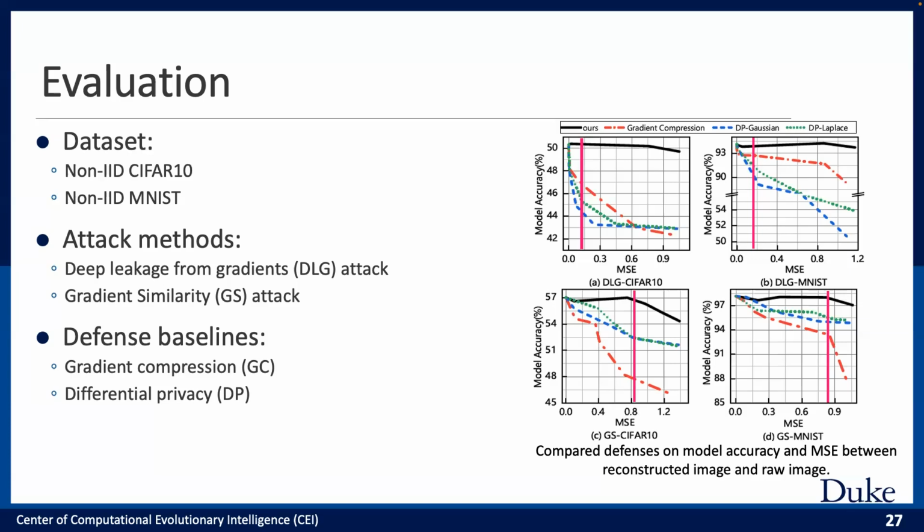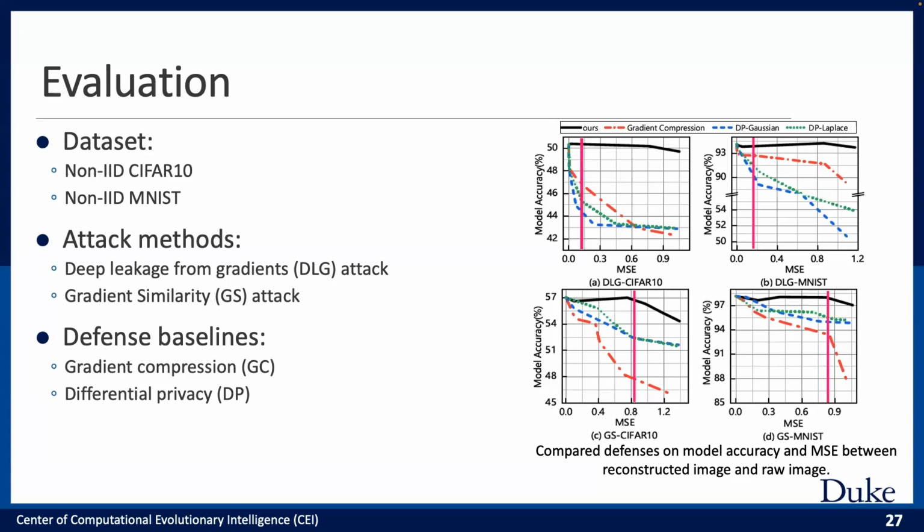There is no good trade-off between maintaining the accuracy of our federated learning model and perturbing the input to prevent people from reconstructing the original data. But the black line is our result.